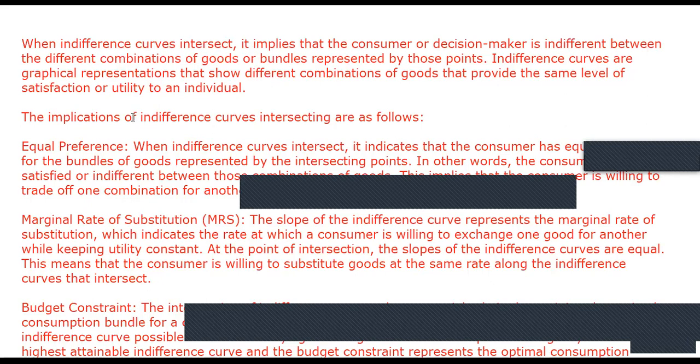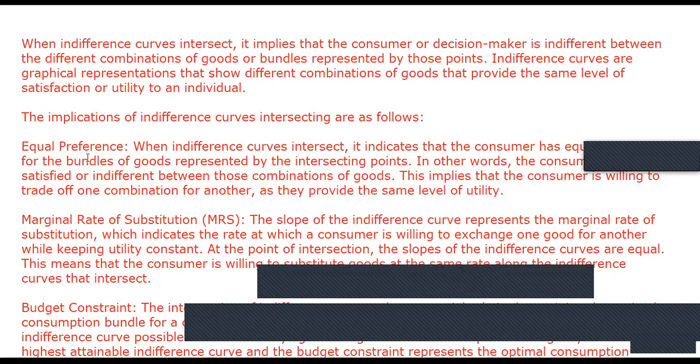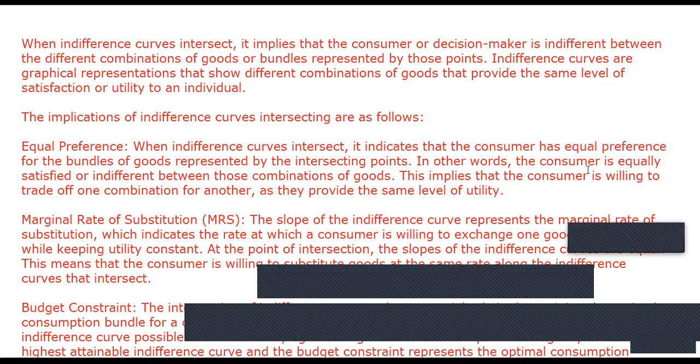So the implications of them intersecting, number one, is as follows: equal preference. When indifference curves intersect, it indicates that a consumer has equal preference for bundles of goods represented by the intersecting points. In other words, a consumer is equally satisfied or indifferent to those combinations.